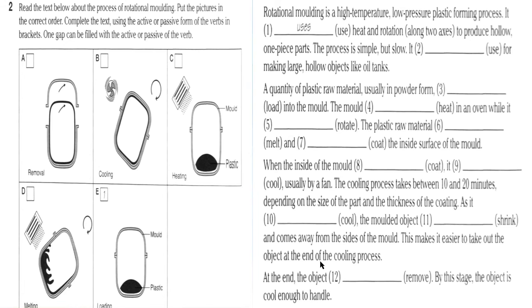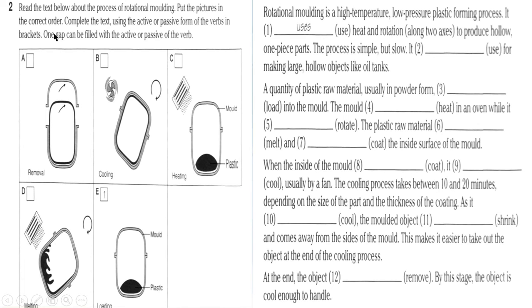Now please open your workbook, page 9, exercise number 2. In exercise number 2, you have 2 activities. The first activity: read the text below about the process of rotational molding and put the pictures in the correct order.